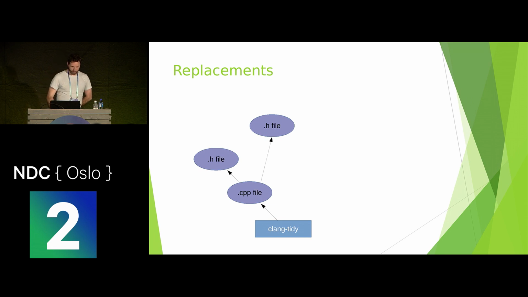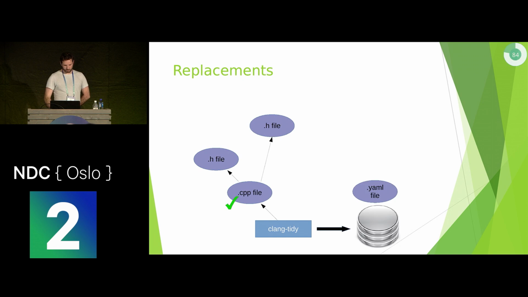So if you pass -fix, you'll also get new rewrites of your files. So you'll end up with a changed .h file, because you're going to change that header file. If you then go to the second CPP file and try to process that one, it's including a header that's already been processed. And of course, that's not going to compile because you've already changed the header.